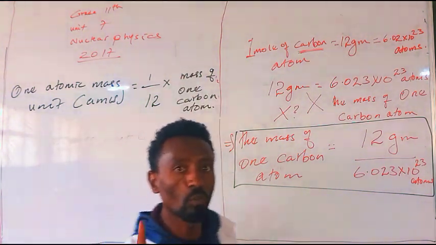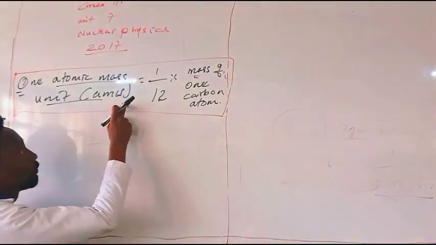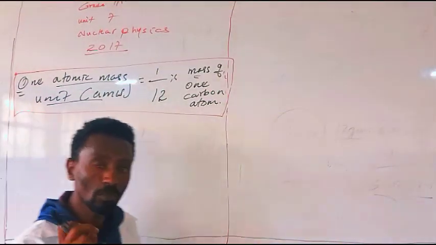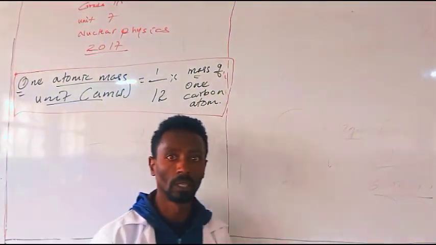This is the definition of atomic mass unit. If you ask me to define atomic mass unit, it means 1/12 times the mass of one carbon atom.